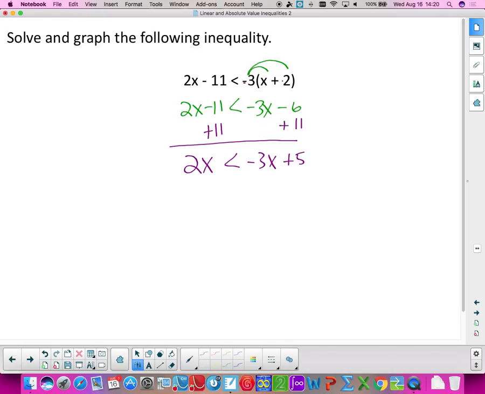I got to get rid of this. How do I get rid of the negative 3x? I have to add 3x. 2x and 3x makes 5x. That's the extent of my magic. And that, I don't have to do the old flipperino.